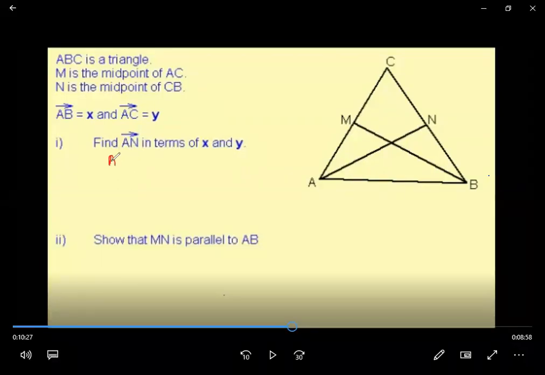AN, I'm taking it from there. So AN is equal to AC plus half of CB.